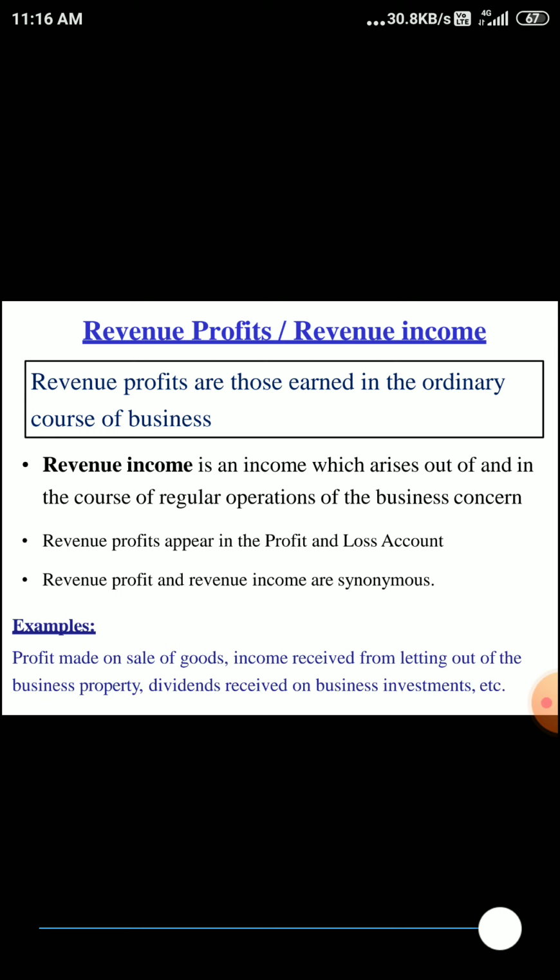Remember, if you are getting direct revenue, direct profit, gross profit is recorded in the trading account. Indirect profit you will get in the P&L account. But revenue income is recorded either in the trading account or the P&L account. It is not taken directly in the balance sheet. Whatever net profit is there, that net profit will be highlighted in the balance sheet. But directly you are not going to take that particular sales in the balance sheet.